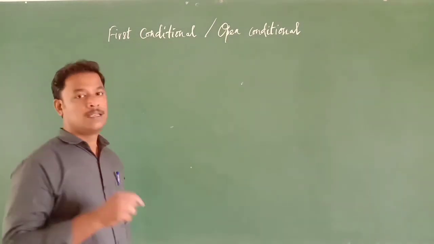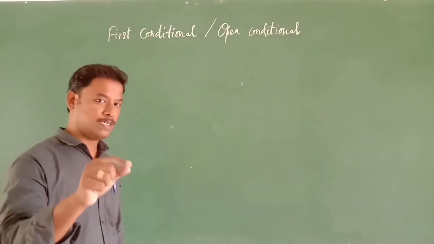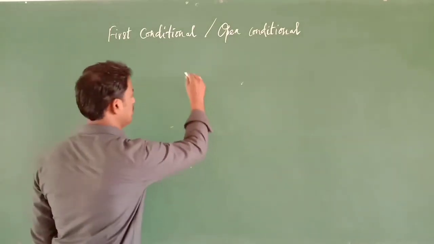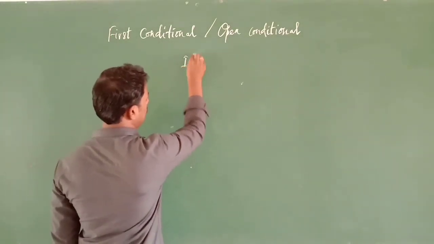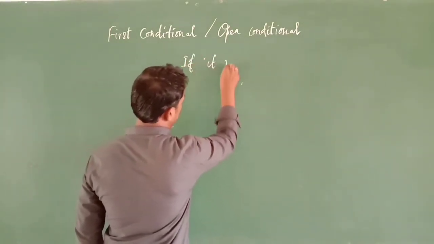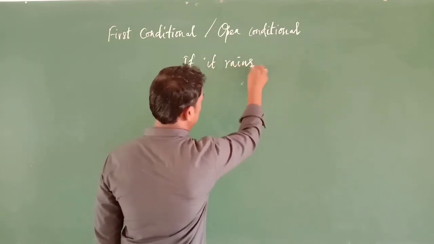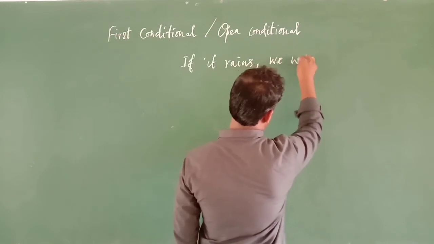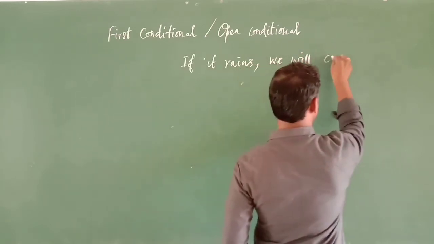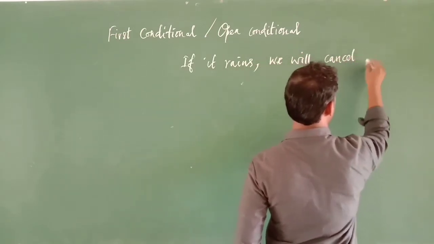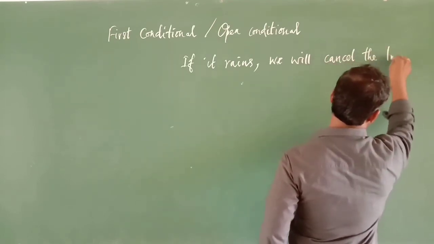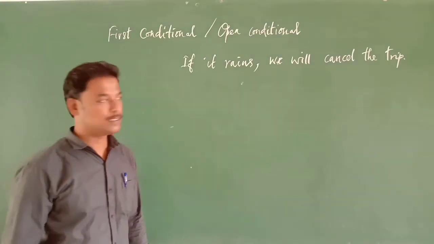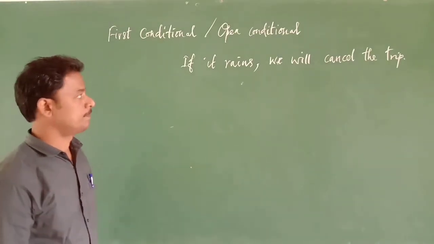Right. Let me give you the examples which are given in your textbook. Look at your textbook. The first example is: if it rains, we will cancel the trip. If it rains, we will cancel the trip.